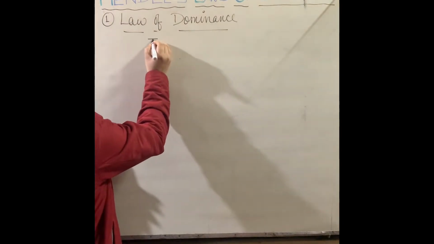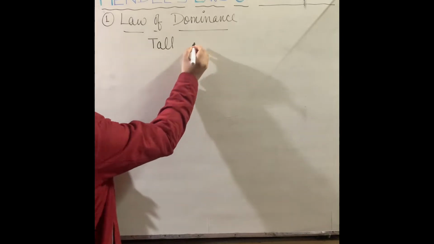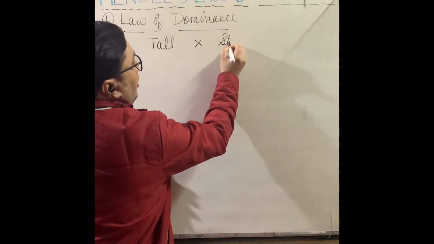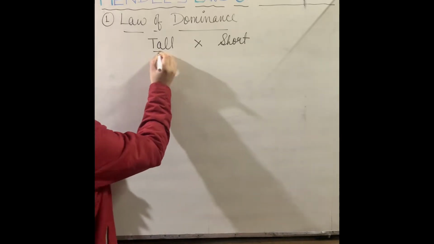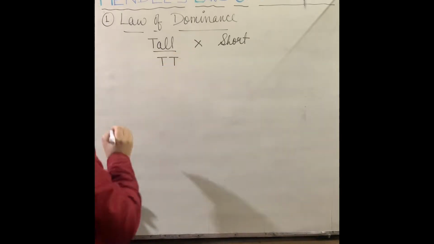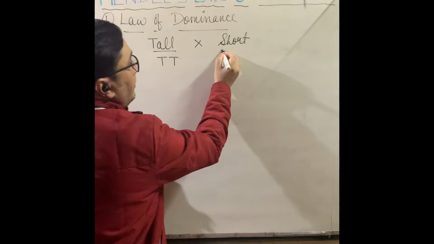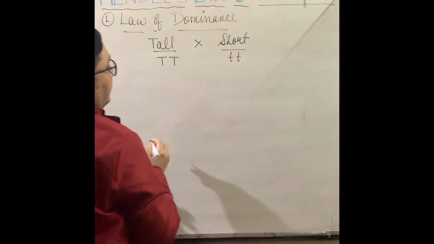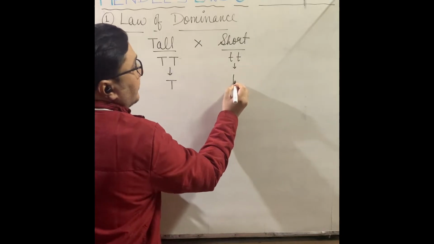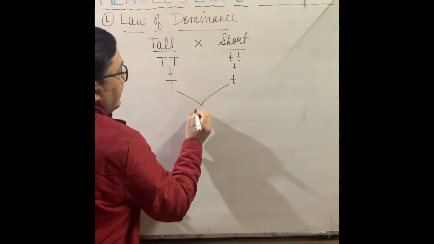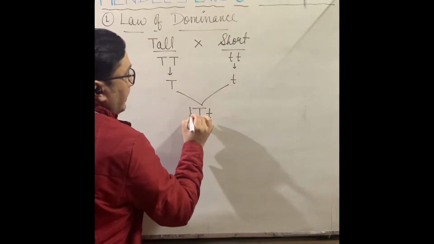Suppose I have taken a tall pea plant and crossed it with a short pea plant. Let's say this is pure tall, or homozygous tall, and this is short. Okay, so gamete formation. And in the F1 generation, what are we getting?